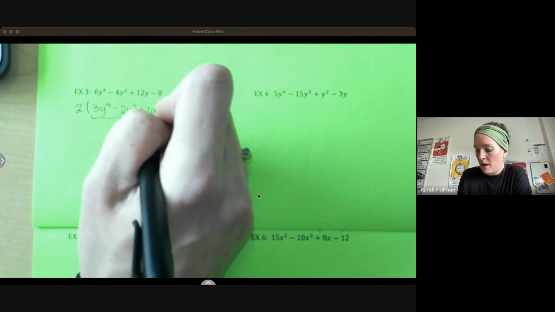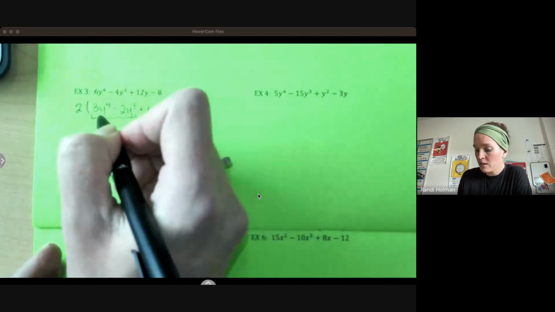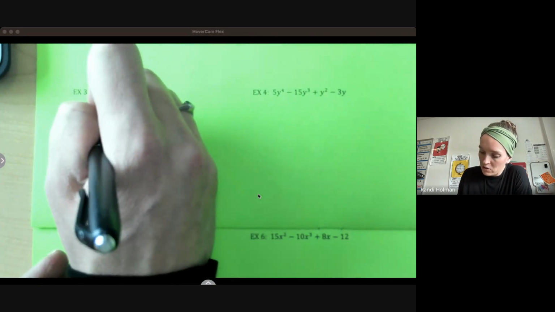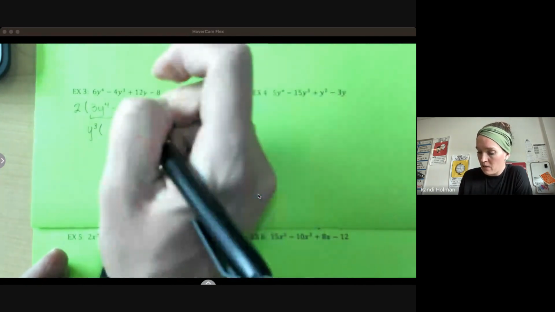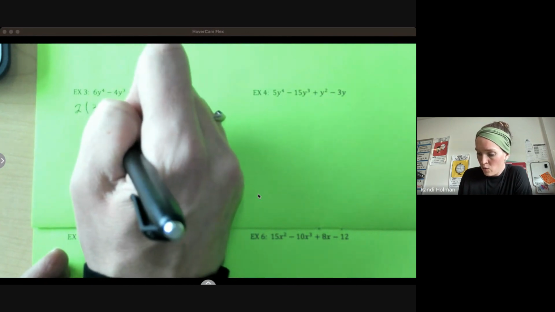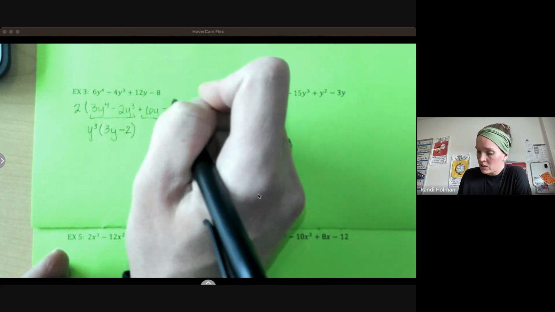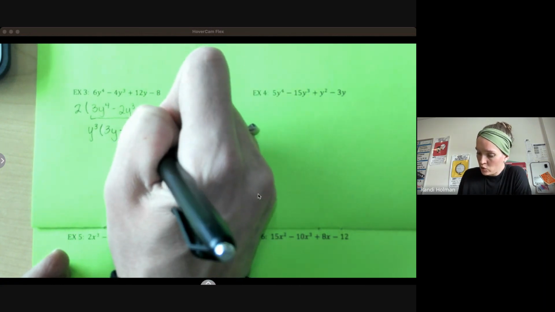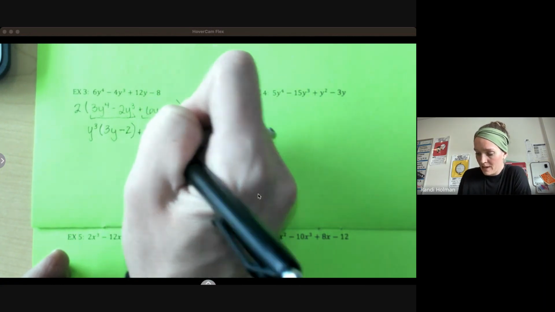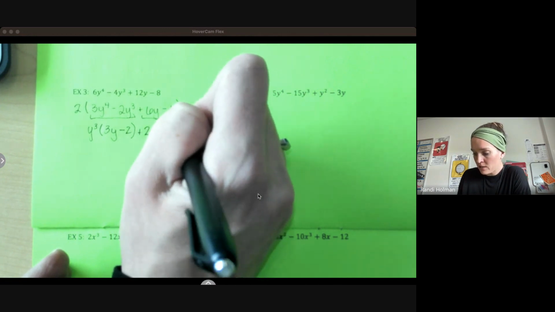So now I'm looking at my pairs for my greatest common factor. These two have a y cubed in common, and I'm left with 3y minus 2. These two have a 2 in common, and we're left with 3y minus 2.